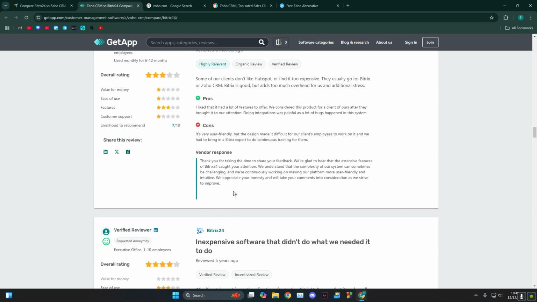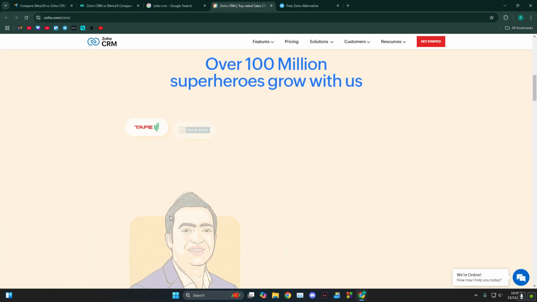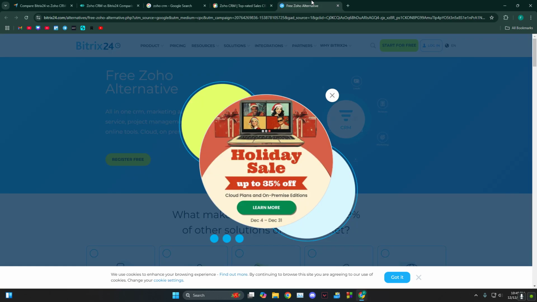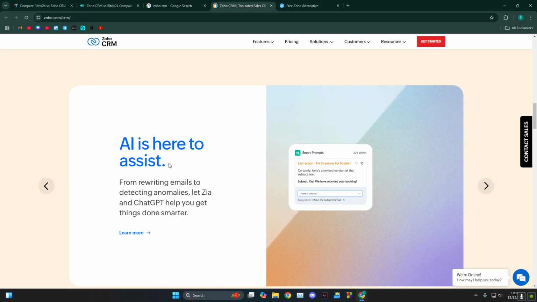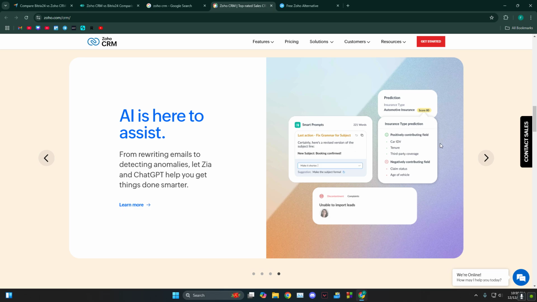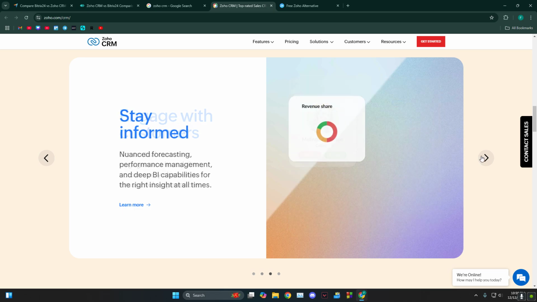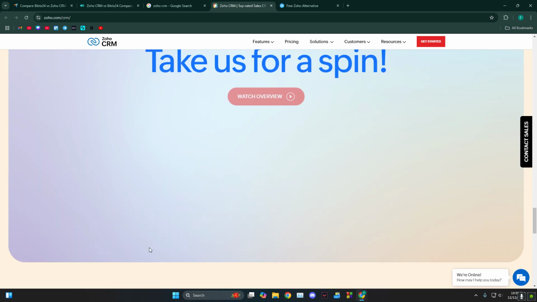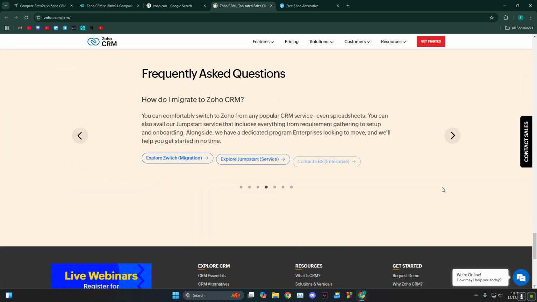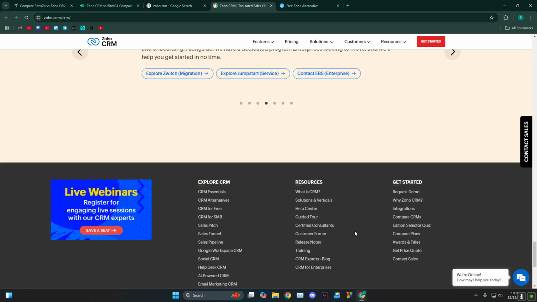I think you guys have already gotten a clear view of what to get and what not to get. Even though that website said AI is not provided, we can see that in Zoho CRM, AI is clearly integrated. So I would say go look at these two websites for yourself. Look at the features.